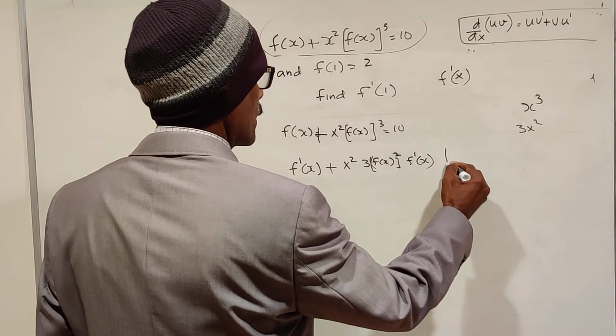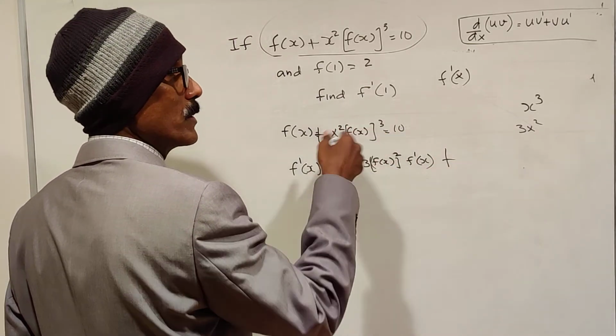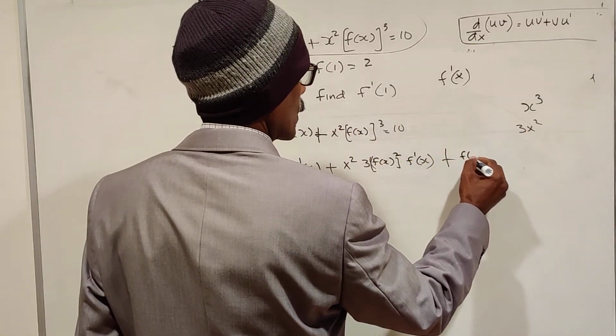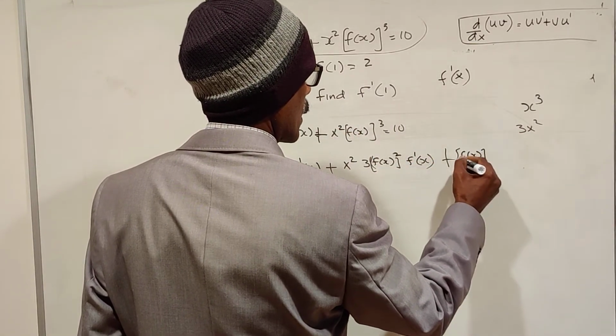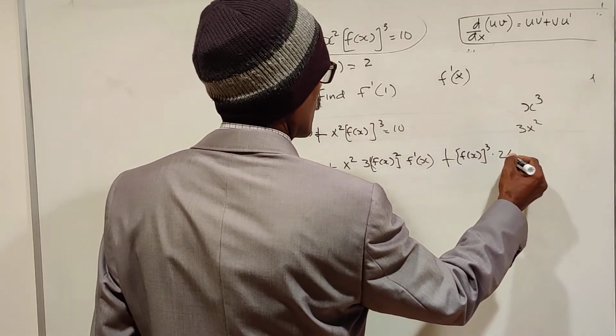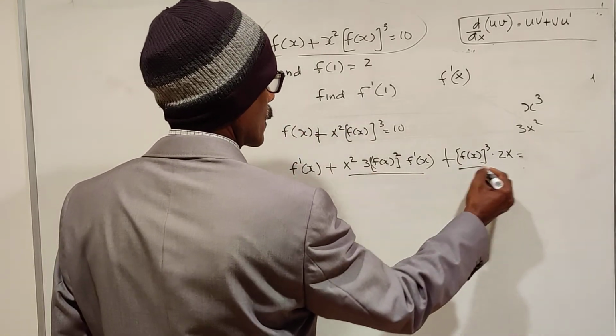Finished. Then plus, we are applying the product rule because x square is one function, f(x) the whole cube is another function. So next one, f(x) the whole cube into the derivative of x square, 2x. Then finish. Two terms.